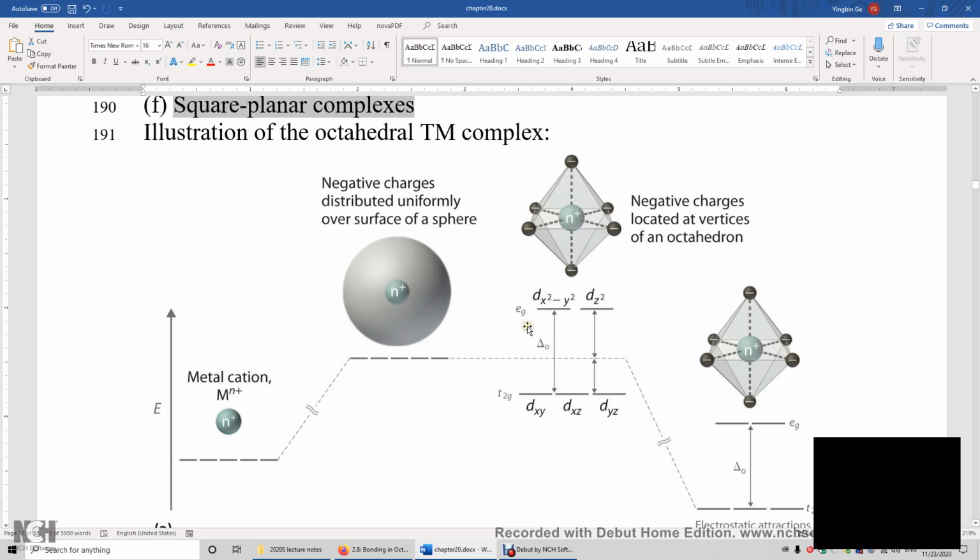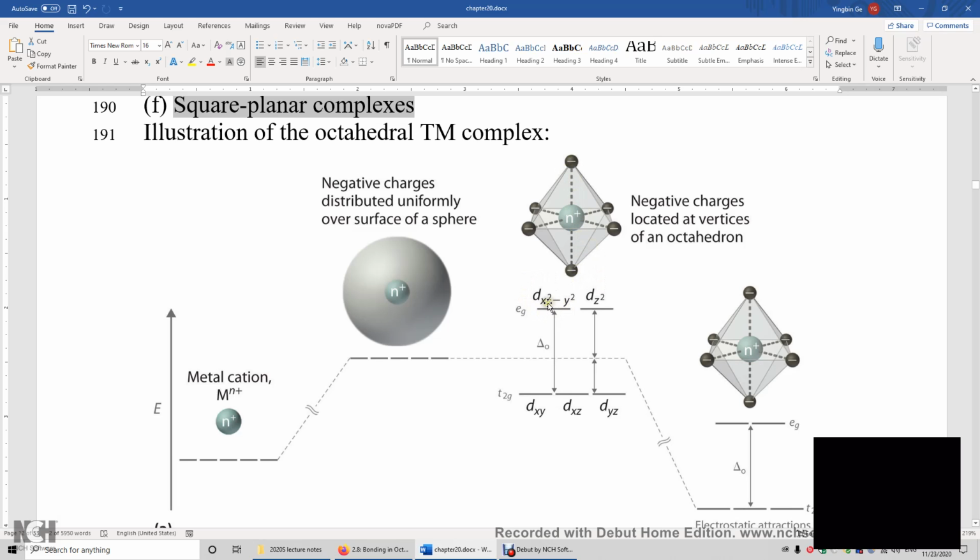The reason is this: if you look at the dz squared orbital, it's going to be pointing toward this negative charge on top and also this one on the bottom. There is stronger repulsion between dz squared and these 2 negative charges.